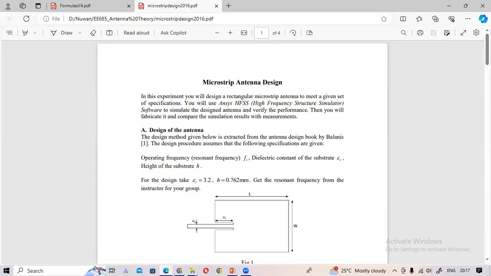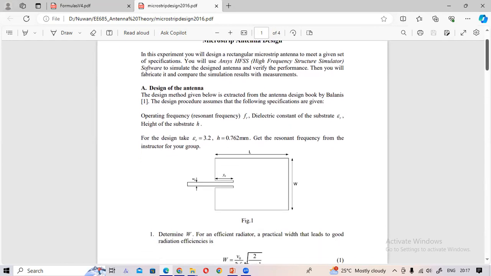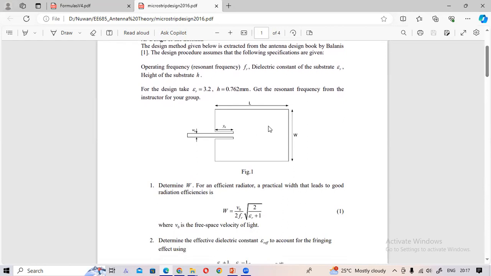So that is how you calculate this patch antenna. And also I will give you one question. In addition to that, what happens if we need to construct a square patch antenna? That means this L and width should be the same. So is it easy or is it complex?